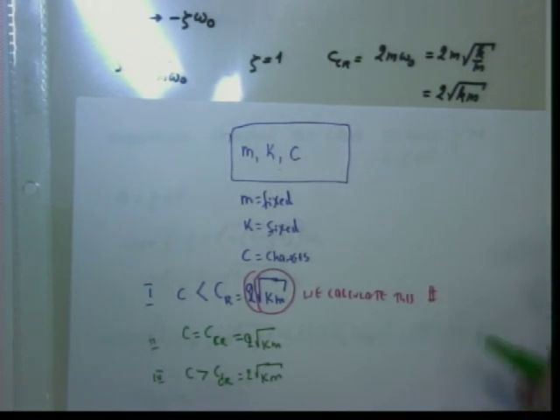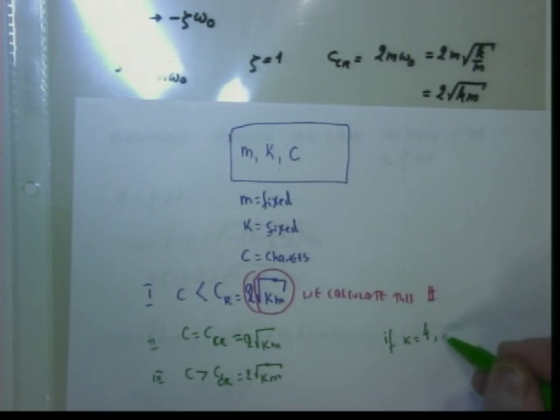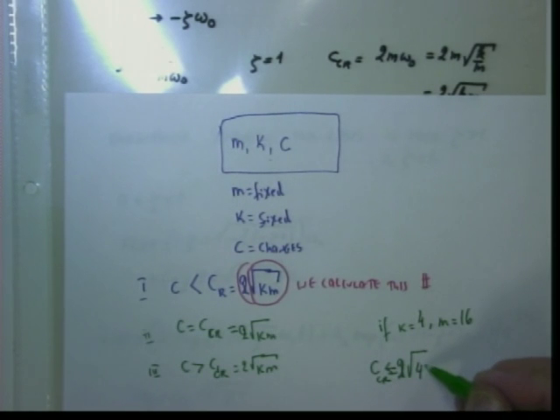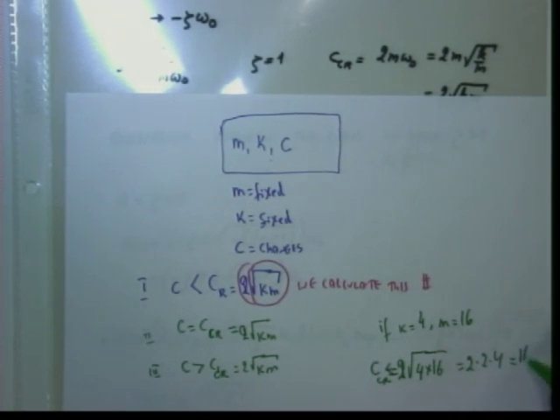For example, if k equals 4, and m equals 16, then c critical equals 2 times square root of 4 times 16. So 2 times 2 times 4, so this equals 16.